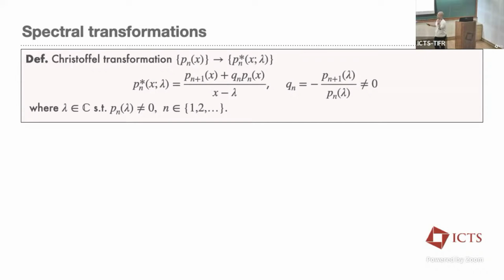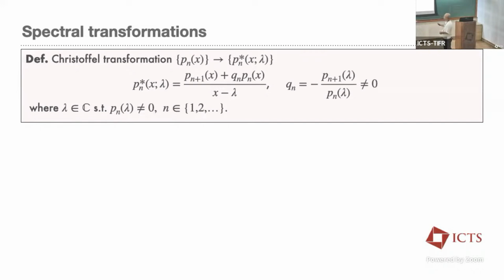So you see, Pn is our original polynomial system, and Pn star is a new polynomial system. By using this, it looks like a rational transformation, so Pn star could be a rational function.